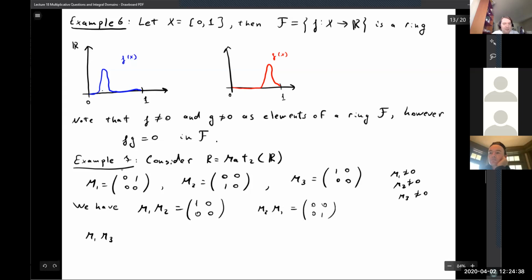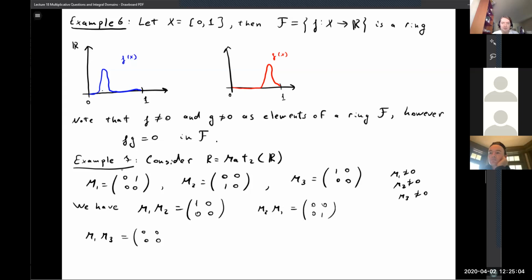Now let's look at M1 M3. For M1 M3, we'll get a zero matrix, because no matter how you multiply, you'll always get the zero matrix. Wait a second, I screwed this one up.